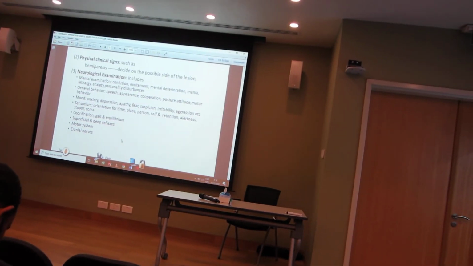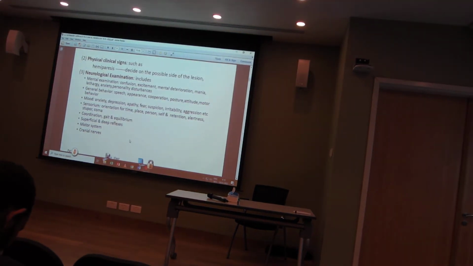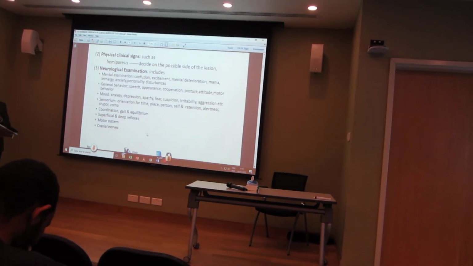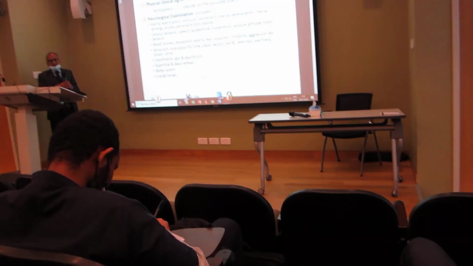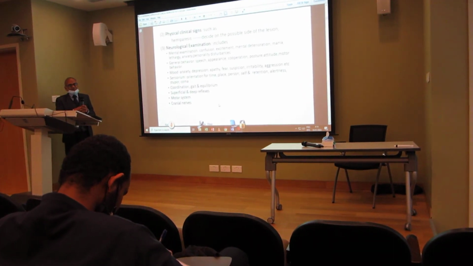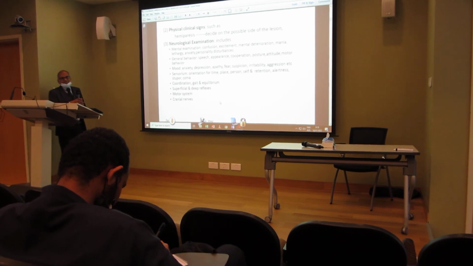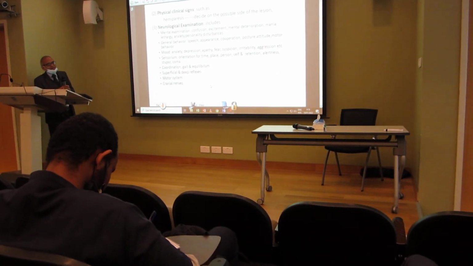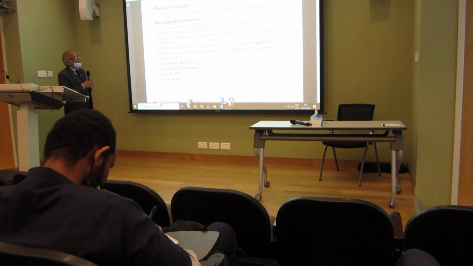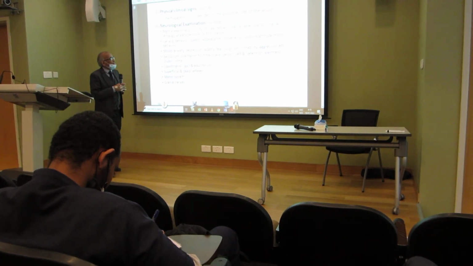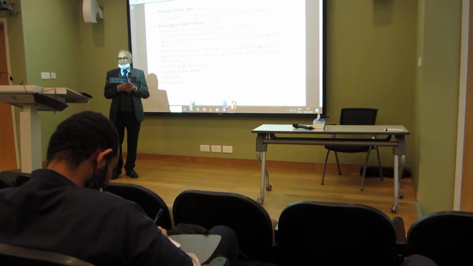Then on examination, physical, clinical signs, what we see as physicians are the signs, but what the patient tells are the symptoms. So after the symptoms, we go for signs. For example, hemiparesis, we will decide the possible side of the lesion.